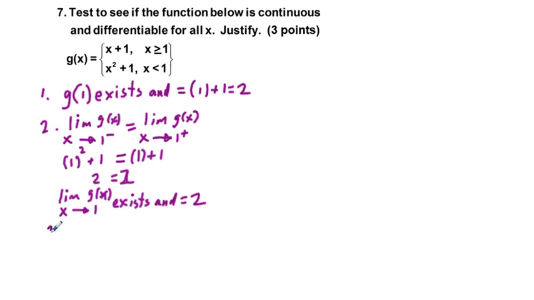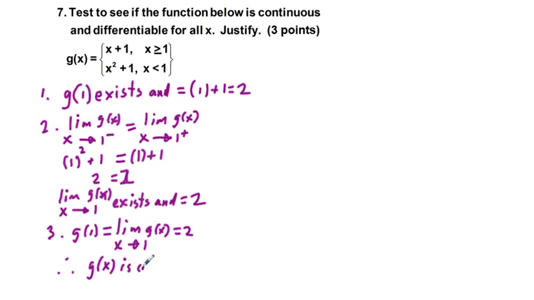And so the third condition we try for is, we say g of 1 equals the limit as x approaches 1 of g of x, which equals 2. Therefore, g of x is continuous at x equals 1. And really that's the only critical number. Otherwise, x plus 1 on the right side and x squared plus 1 on the left side of 1 are polynomial functions.